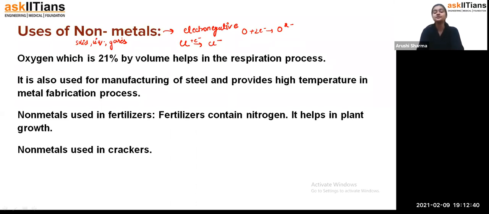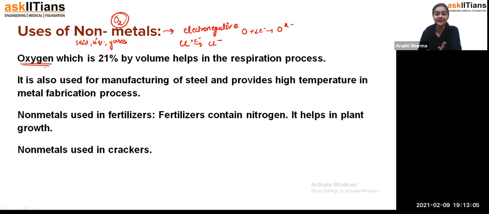Now what are the uses of non-metals? First of all, among the non-metals there is oxygen. Students, we know oxygen is very important for us. I hope there is no need to tell you why. We need oxygen for the respiration process, to inhale.